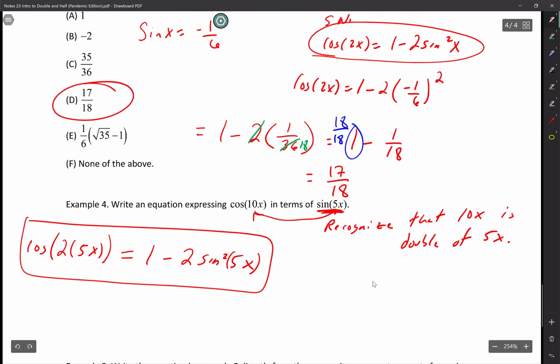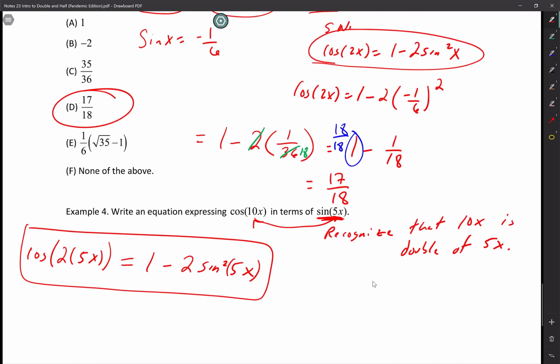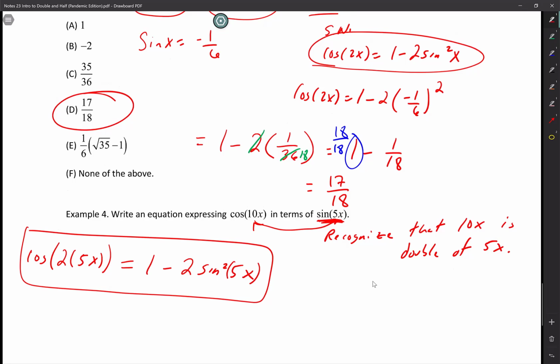Does that make sense? Can you explain that differently? Like, I understand why we put the 2 5x, but how come that's it? Well, because of the way the question is worded, all it says is, I want this formula, the cosine 10x, which is this right here. That is cosine 10x. The only thing they want to see is sine 5x. That's it. That's all they want to see.